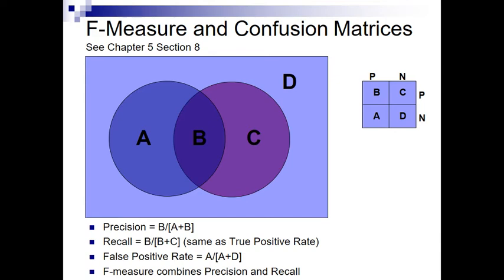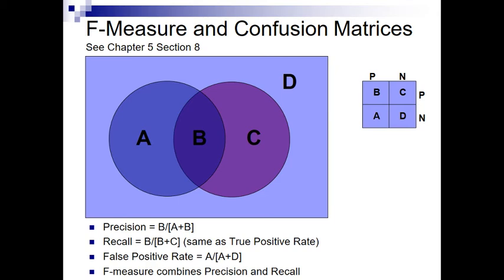Now, we can look at this in terms of the cartoony version of a confusion matrix to the right. There we see, as usual, the rows are how instances are labeled in our data set. So we've got a row for positive, that's all the instances labeled in the data as positive, and a row for negative, that's all of the instances labeled for negative. And the columns represent how those were automatically predicted by a model.